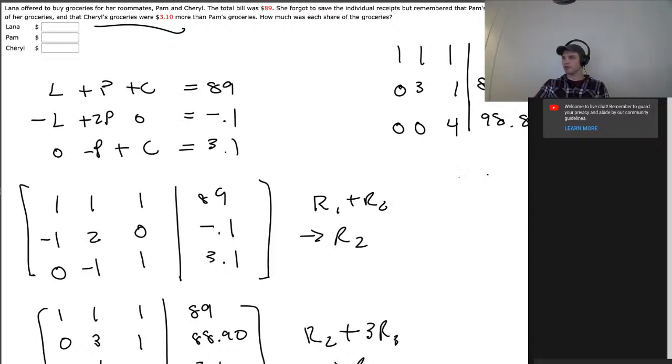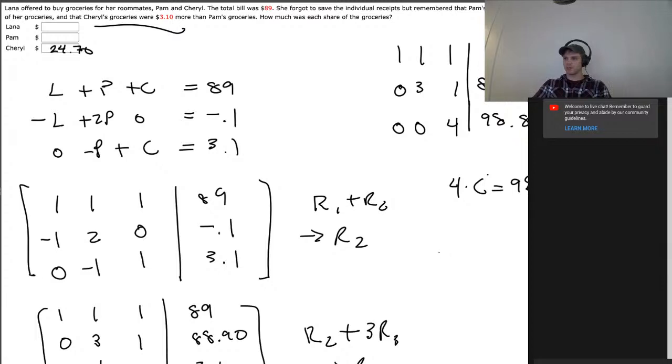Okay, and then you can use this to back solve. So 4 times the amount of Cheryl's bill is equal to 98.8. So we can divide both sides by 4, 24.70. And then from the second equation, negative L plus, actually, can we use that? Oh, here, let's just use this.